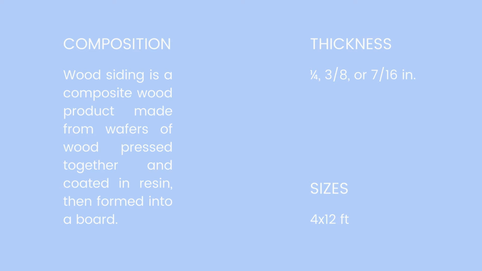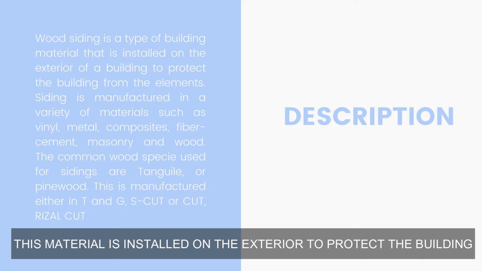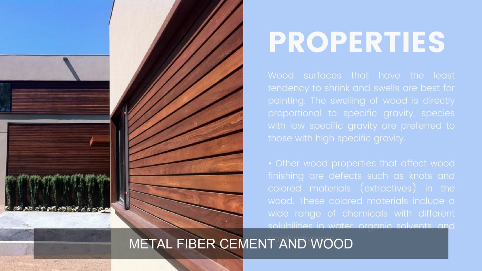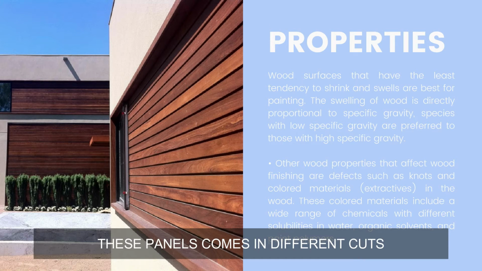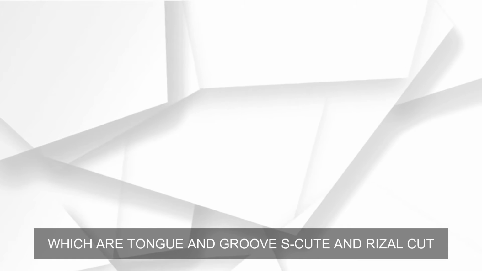After that, we have wood sidings. This material is installed on the exterior to protect the building. It can vary from different materials such as vinyl, metal, fiber cement, and wood. These panels come in different cuts, which are tongue and groove, S-cut, and Rizal cut.